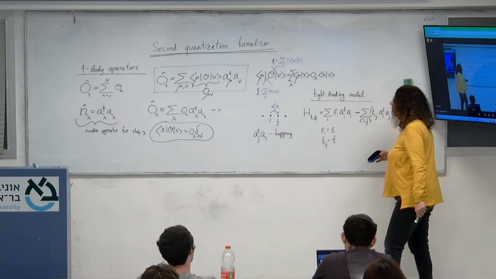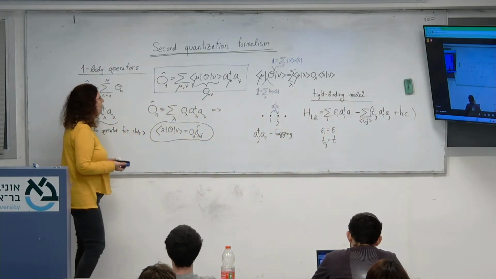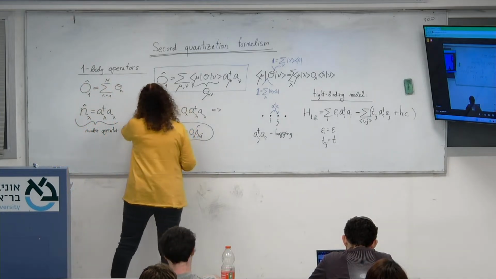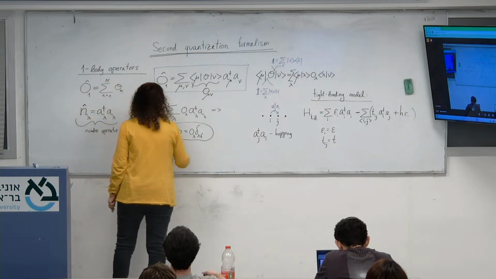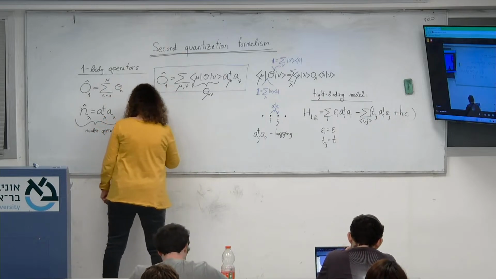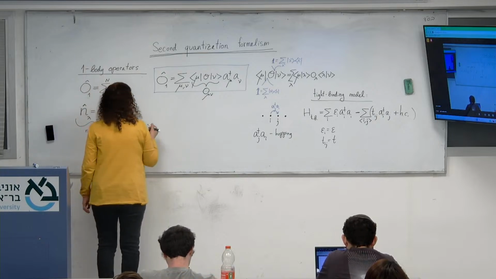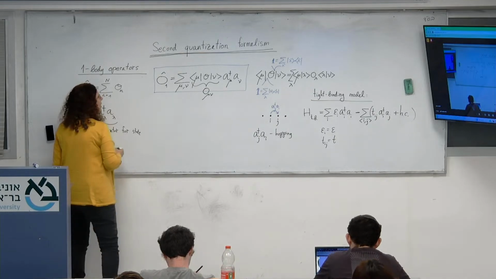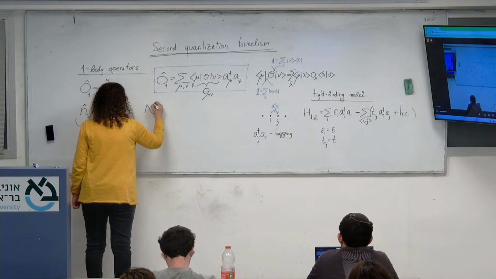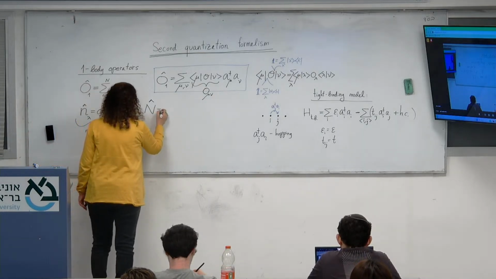So let me give you one of the simplest examples of a single particle operator, or a one body operator, which again is conveniently written in its natural diagonal basis: the number operator, total number N. How can you write it?